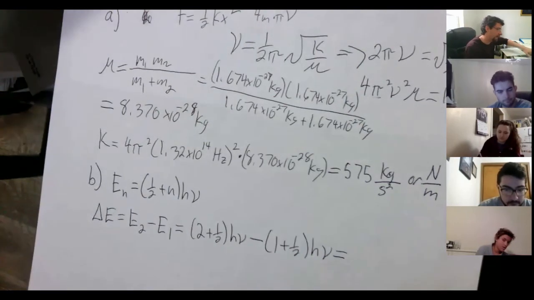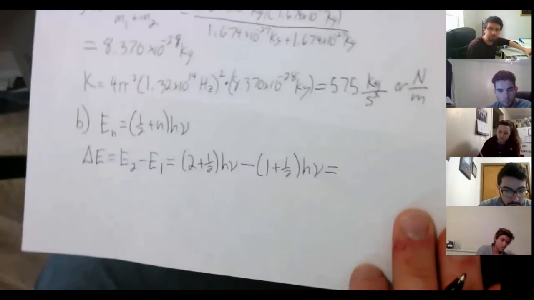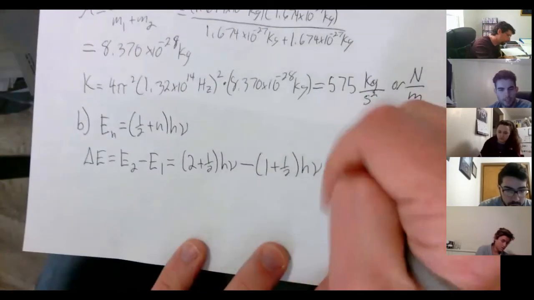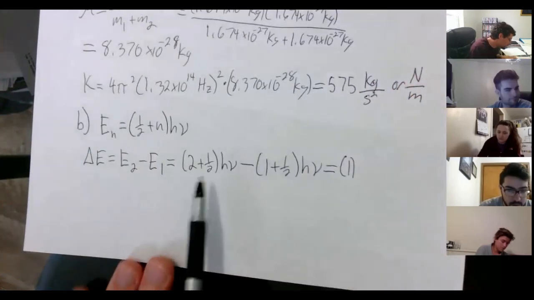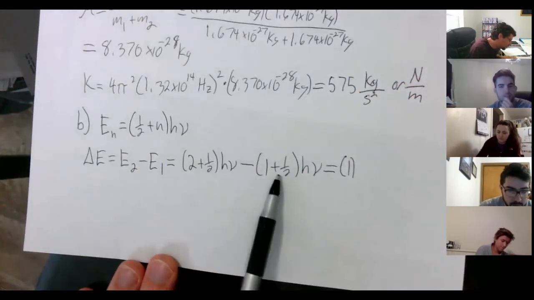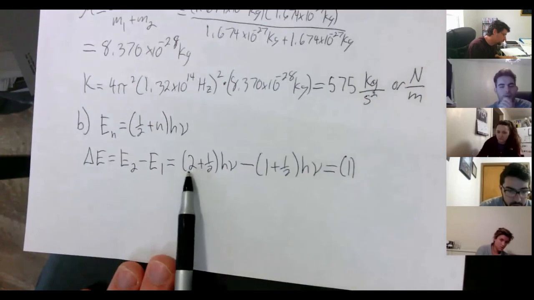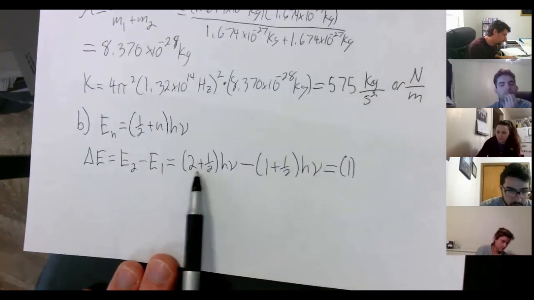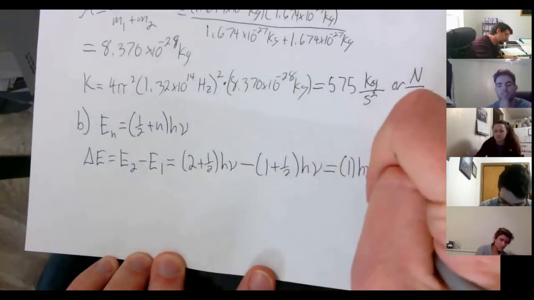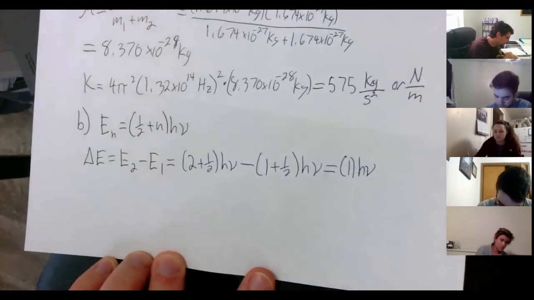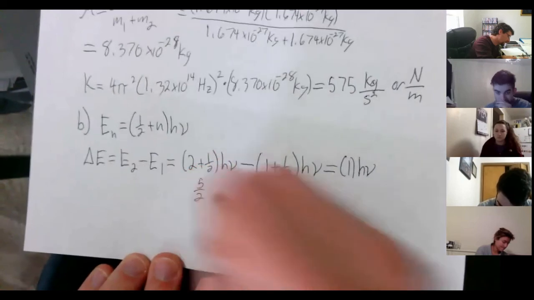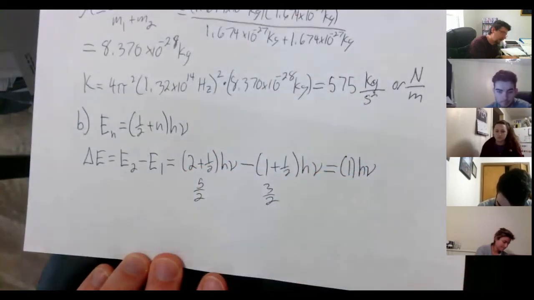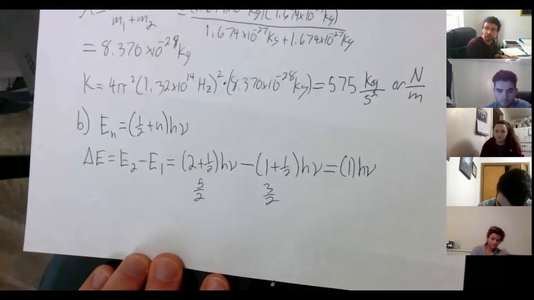If we simplify that, just gonna be the 1, 1 plus 1/2 HV. Not quite. Or is it get rid of the half, so it's just HV. Yep, it's just HV. Is that right? Let's see. We got 5 halves, 3 halves. Yep, we're good.